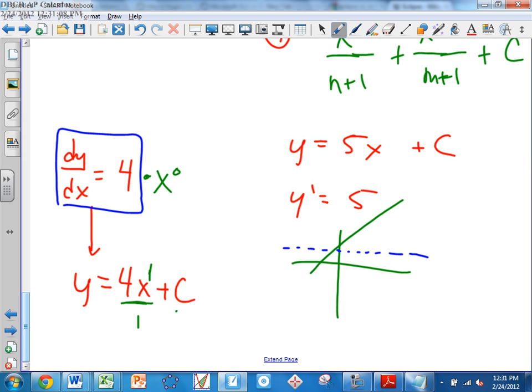So this is the graphical representation where this would be the line y equals 4x plus c, and this is the line, in this case, y equals 4. Again, the integral of y equals 4 is y equals 4x plus c, which makes sense, because when we took the derivative of a line like this, it became a constant line. So the integral of a constant line is a rising line, or a falling line, some sort of diagonal, changing line.